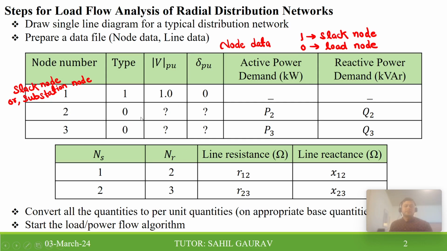So for the slack node or substation node, we are given the voltage magnitude and the phase angle of the voltage in the problem, and the active power and reactive power are unknown. Then we have the load nodes, between the second and third nodes, which we denote as 0 since they are load nodes, and the voltage magnitude and phase angle are unknowns for these load nodes.